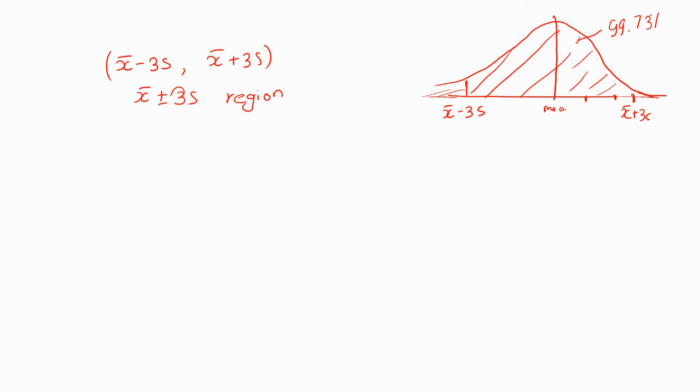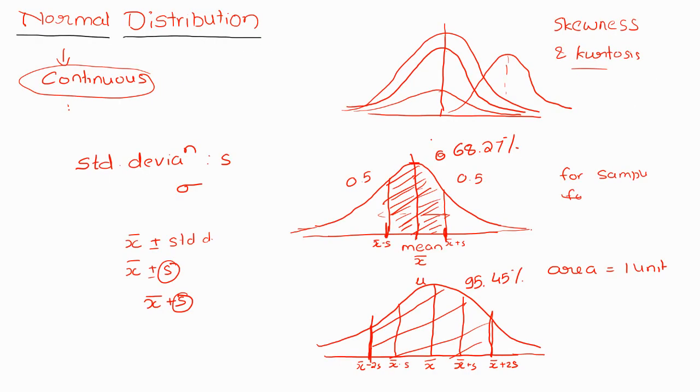Therefore, this 3 has a very important value in our normal distribution. We say that this entire normal distribution has been divided into these three parts.